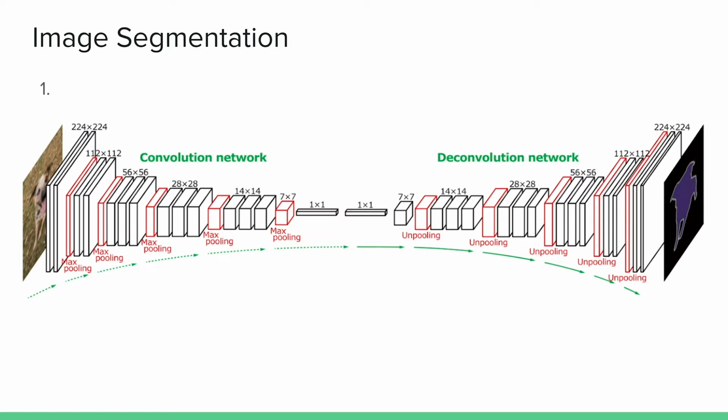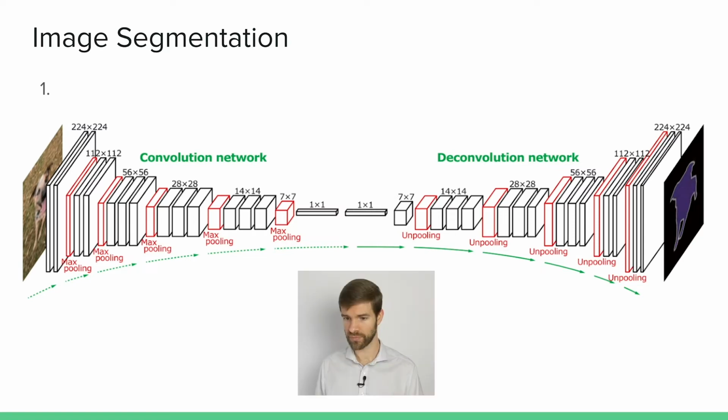We have our input image, we do a bunch of convolutional layers, we have our latent space representation, and then deconvolutional layers, so we upscale it again. The only difference here is that instead of predicting the input, we're now swapping it with the segmentation map. But the idea is pretty similar to an autoencoder.